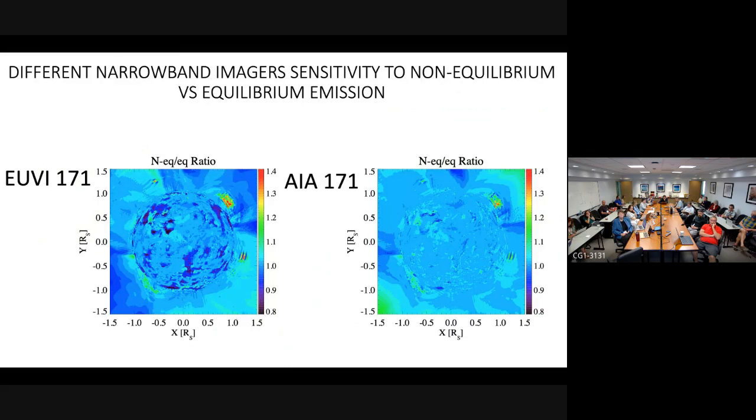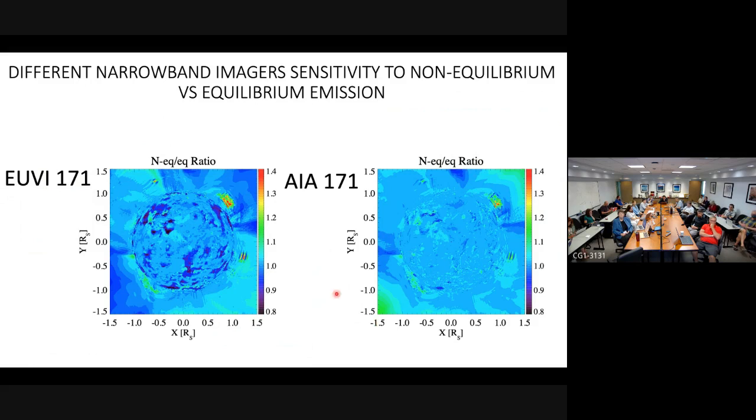And of course, these all channel into the narrowband imaging. So when someone is doing, for example, DEM calculations using these imagers, you have to think about that.